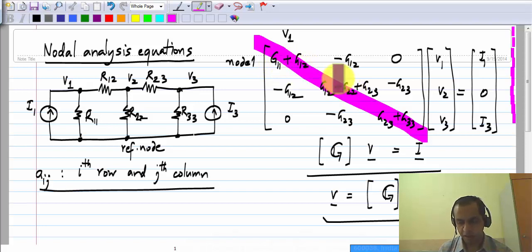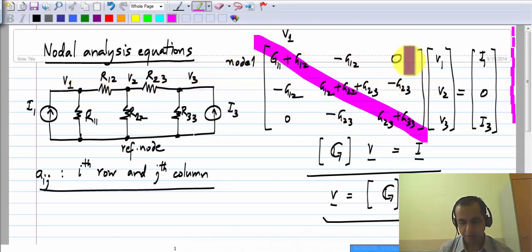Similarly, if you look at A22, that is second row and second column, we have G12 plus G22 plus G23, and finally A33 is G23 plus G33. You will easily notice that the diagonal elements are basically sum of conductances connected to particular nodes.